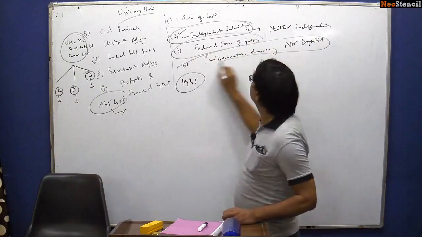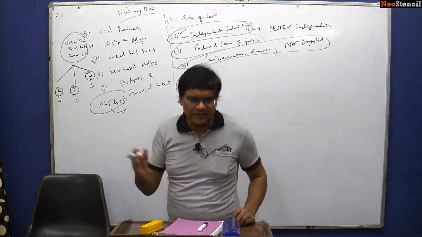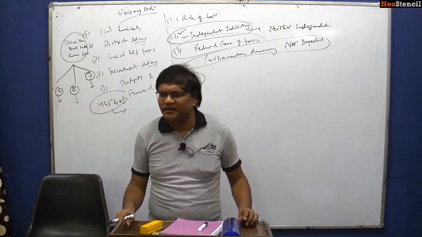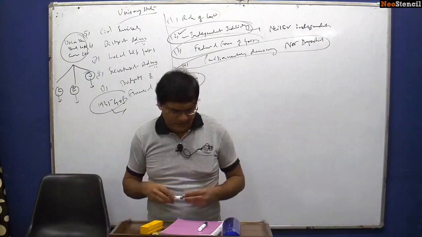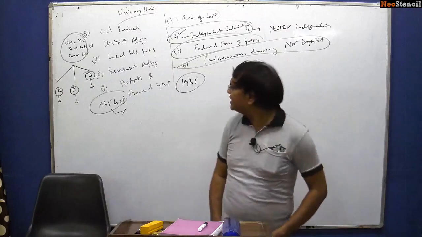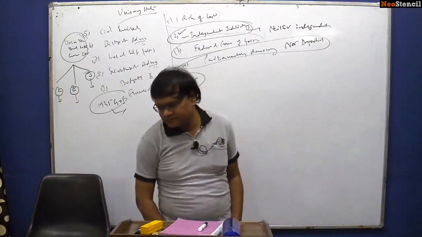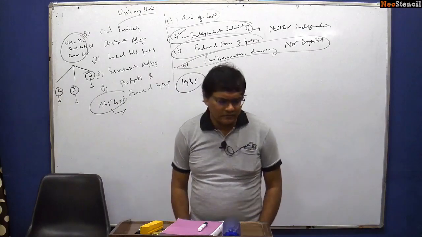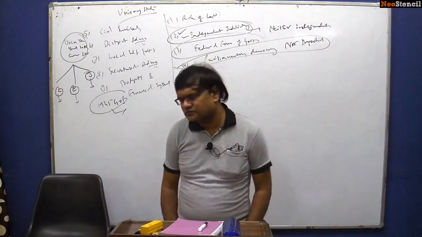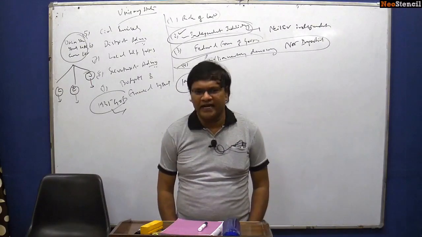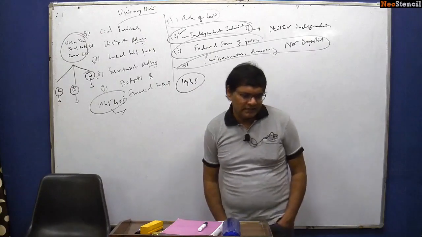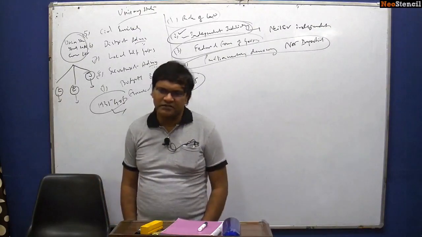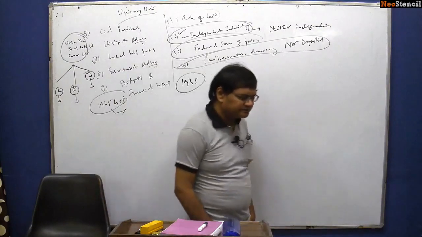After the federal form of government, the next one is the parliamentary form of government. They introduced all of them simultaneously, but we are going one by one. The parliamentary form of democracy was introduced by the 1853 Regulating Act.